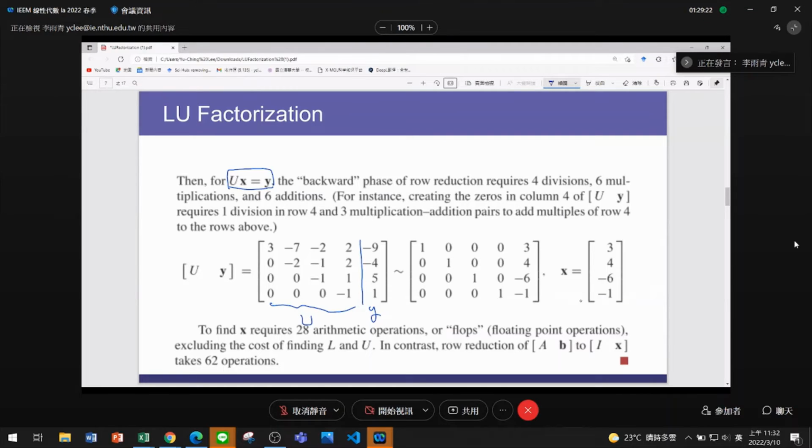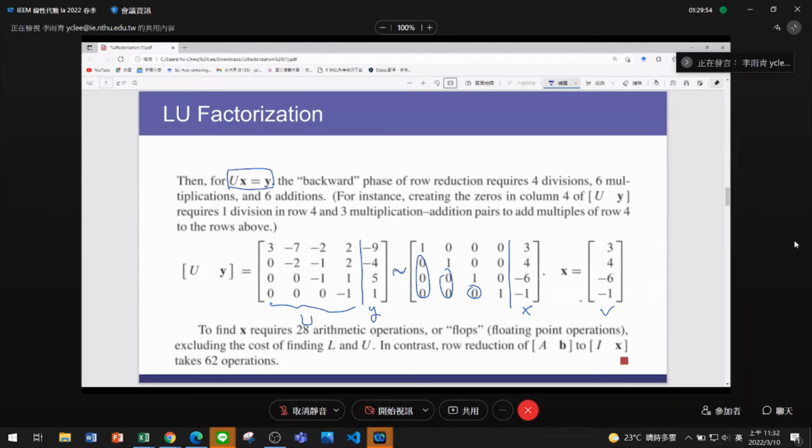To solve for x, we perform forward row reduction and make this part all 0. In this situation, this vector is the solution x. Okay, so now x is this value.